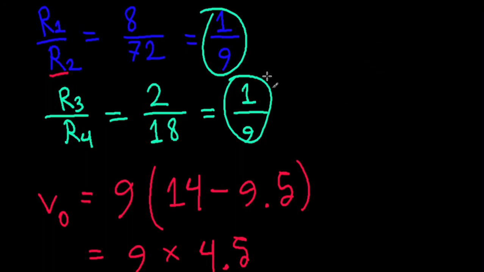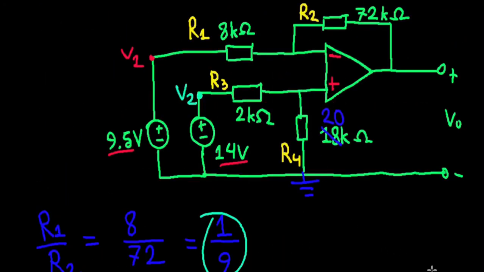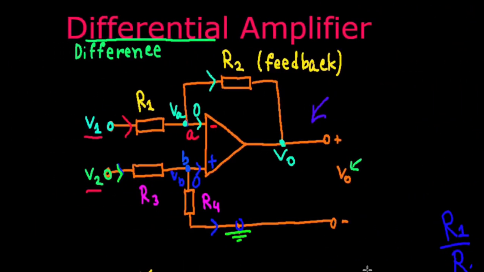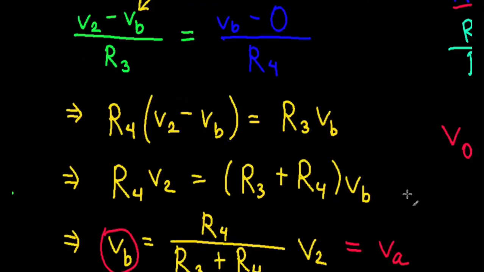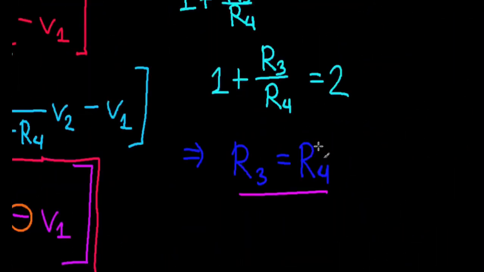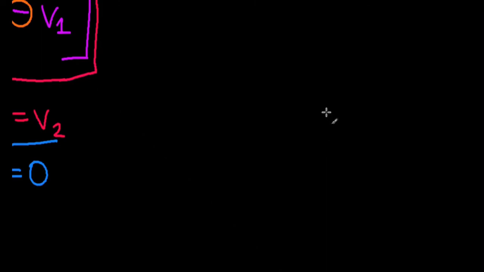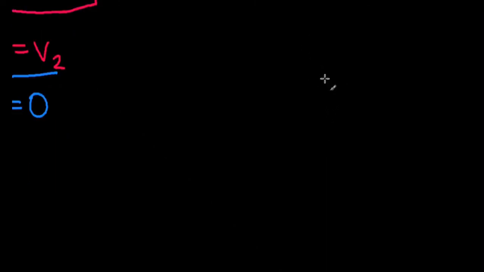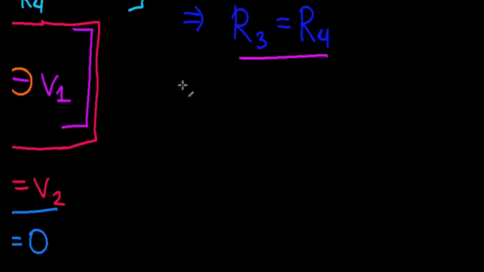The resistances leading up to the inputs need to be equal, or R1 needs to be equal to R3. Let's say that needs to be true. That could be in the question, like if they said the common mode input resistance is, say, let's say R3 equals R1.